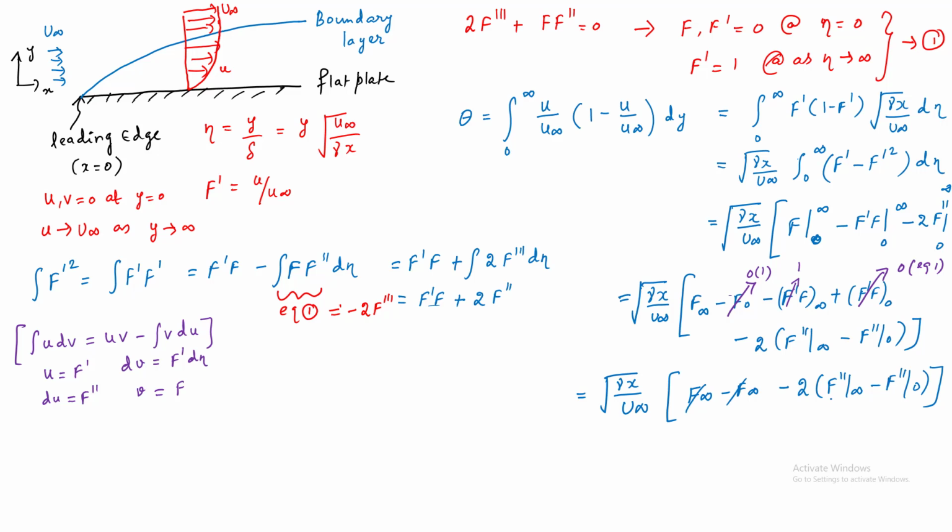We do not know what f'' is at infinity and f'' at 0. These can be obtained by numerical computation, but we don't need that here. For the sake of completion, I'll write the values: from the numerical computation you get around 0.3321 for one and 0 for the other. All of this is a numerical value, right?